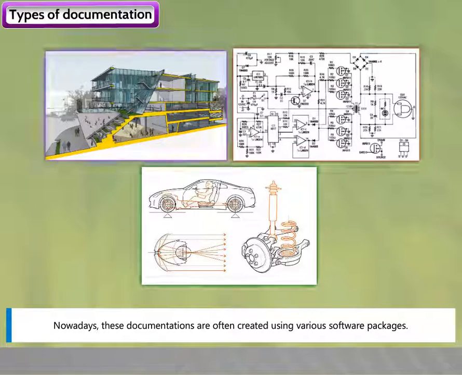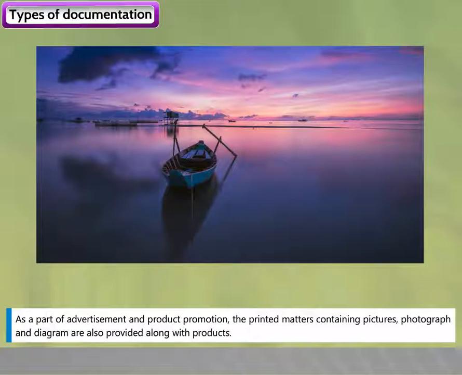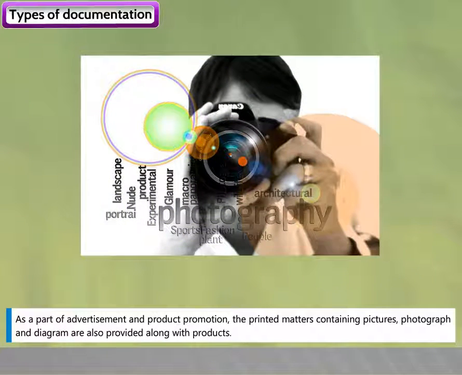Nowadays, these documentation are often created using various software packages. As a part of advertisement and product promotion, the printed matters containing pictures, photograph and diagram are also provided along with products.